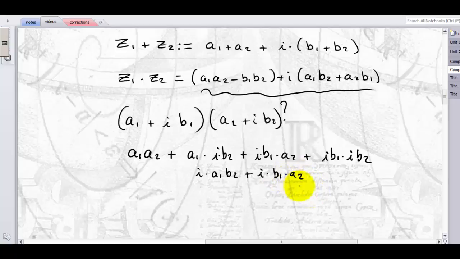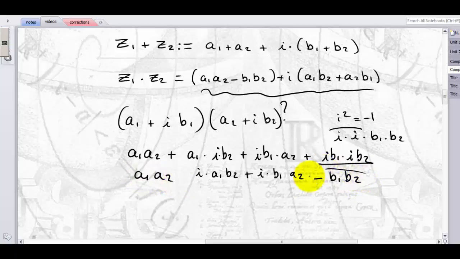Okay, got it. Then here we go. Then what is this? This is i times b1 times b2. i times i is i squared, and i squared is negative 1 by definition. So this is negative b1 b2, and this is a1 a2.